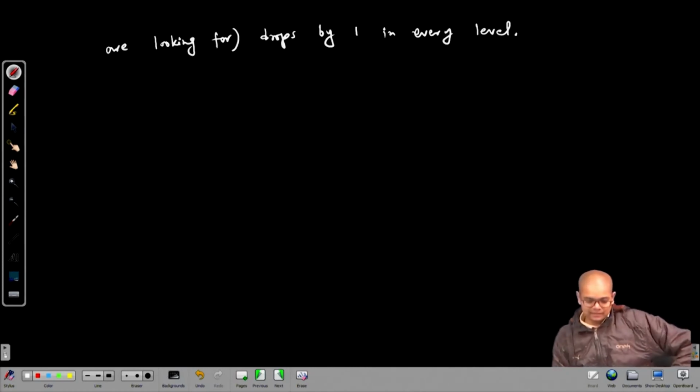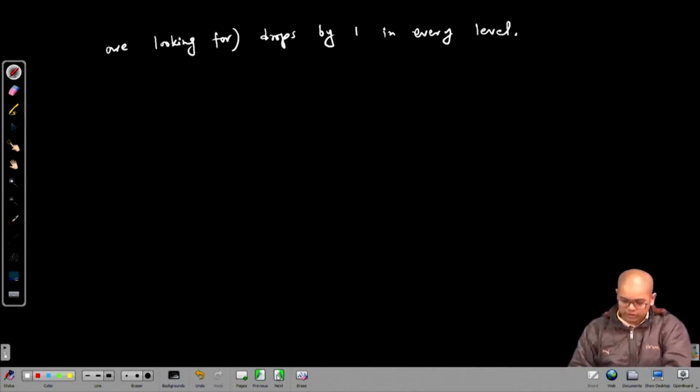So height is at most k and the search tree is binary.